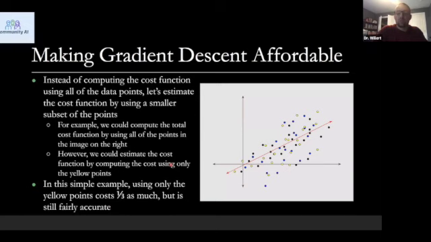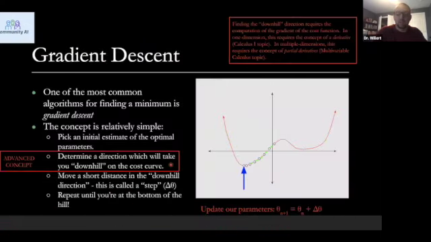Because if we need to take 100 steps, so recall, I'm going to go back a few slides. Here I've just shown maybe 7 steps. Each time we take a step, we need to compute the cost and the gradient. So we repeat that 1, 2, 3, 4, 5, 6, 7 times.